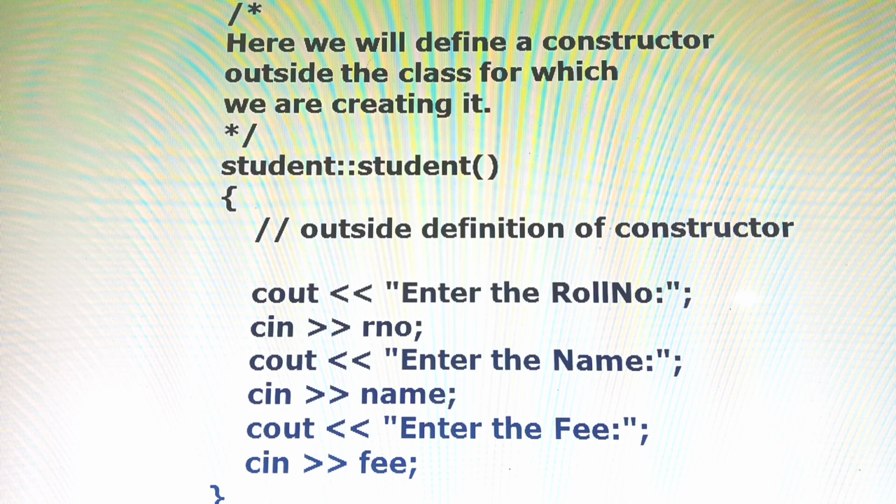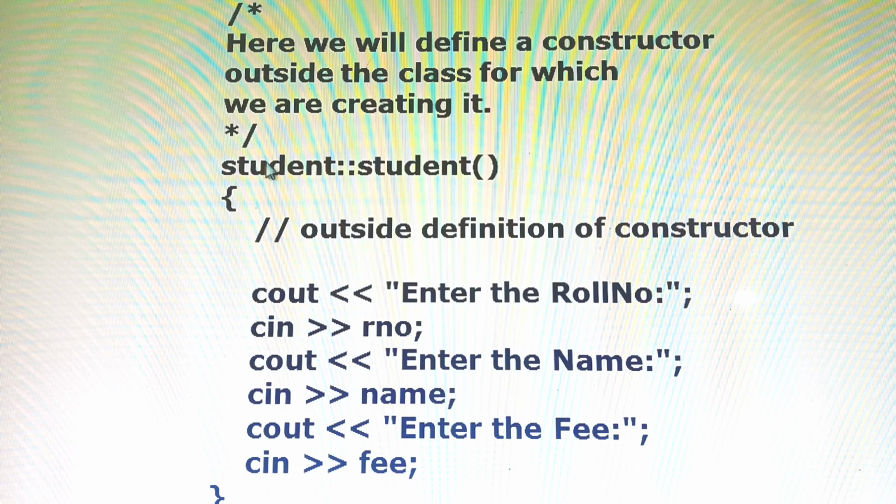Then we can define it. Here we define the prompt statements and input statements: enter the roll number, name, and fee one by one with the appropriate prompt statement. Then the implementation of the student definition is over.